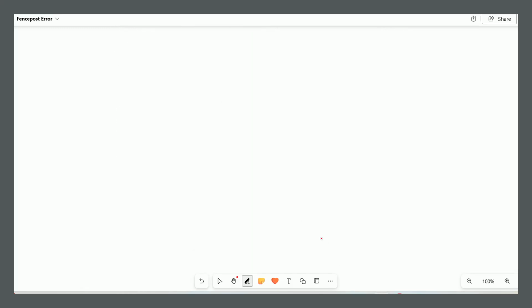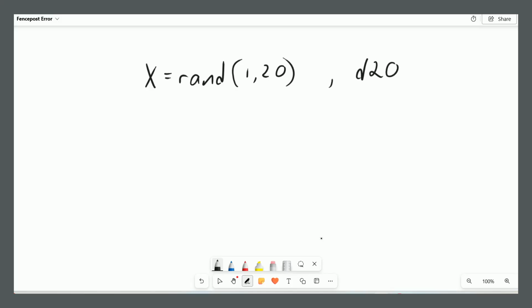So as another example, let's say we have a random variable that generates a number between 1 and 20, a whole number. So this is a 20-sided dice. And we want to know, well, what's the probability that we observe a number that is greater than or equal to 16?